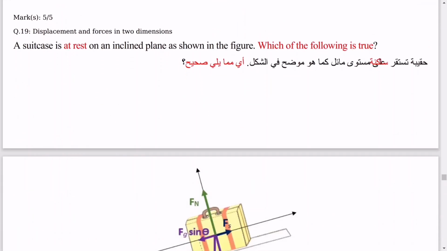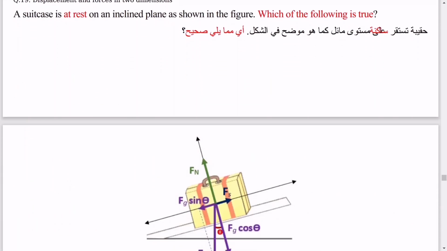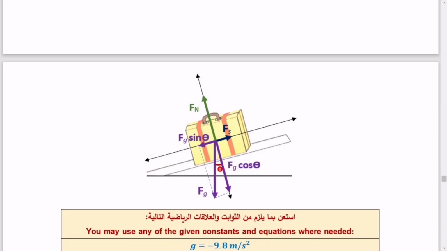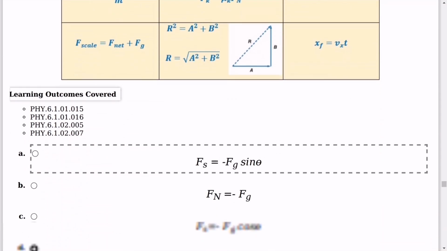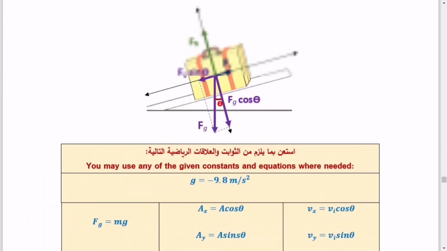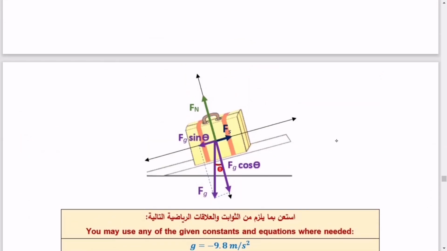Question number 19. A suitcase is at rest on an inclined plane as shown. Which of the following is true? So here you can see four forces are given.